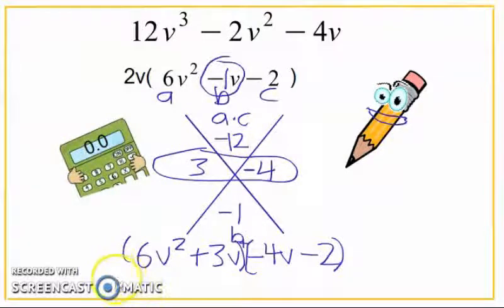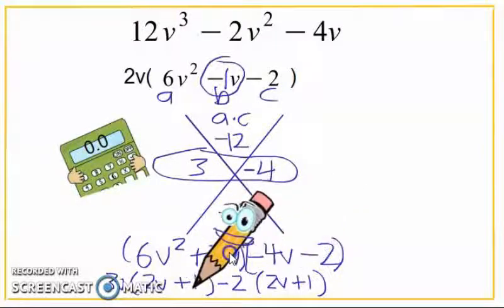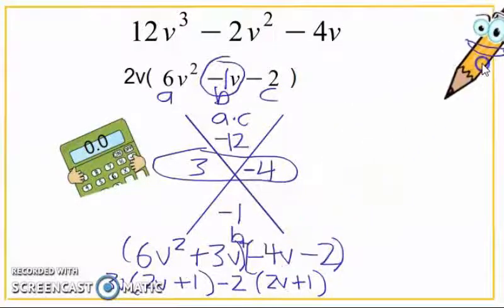With these 2 sets of parentheses, you will find the greatest common factor of each. The greatest common factor of the first set is 3v, so your equation is now 3v parentheses 2v plus 1. And the second set is -2, so your new second set is -2 parentheses 2v plus 1.